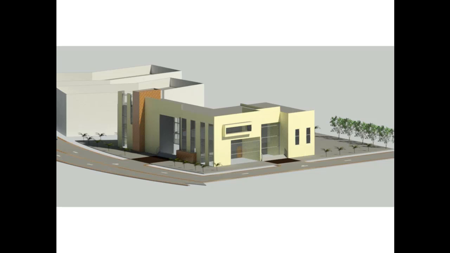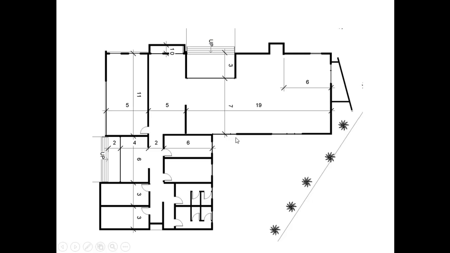Our course project: this is the main perspective for our course project. From here is the main entrance, and from here another entrance for employees. It consists of 2 floors or 1 floor.